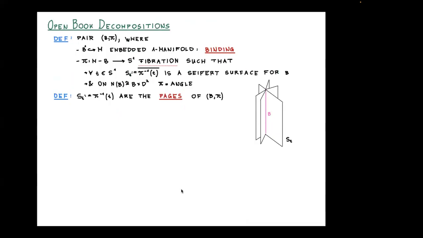So an embedded open book decomposition is a pair B and P, where B is an embedded one manifold inside M. M is still a 3 manifold at the moment. Okay, 3 manifold, it's closed and oriented.